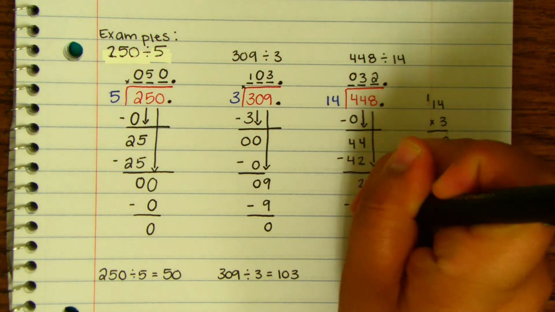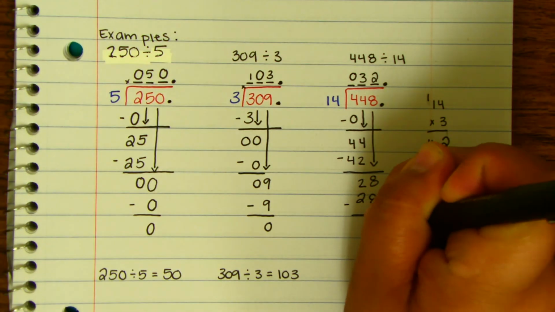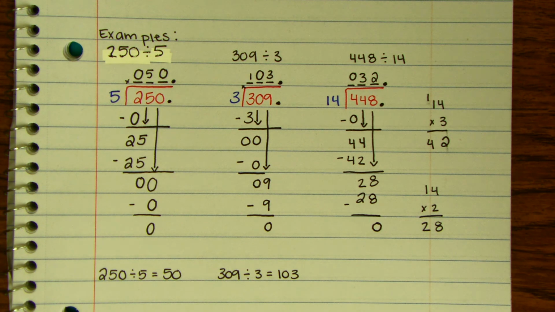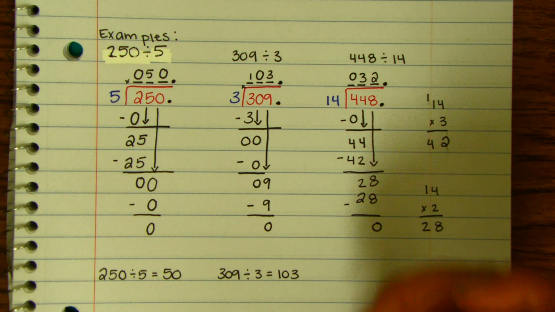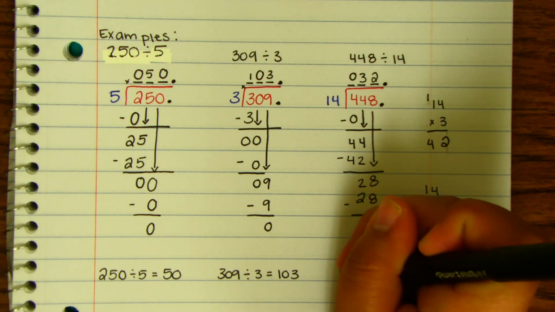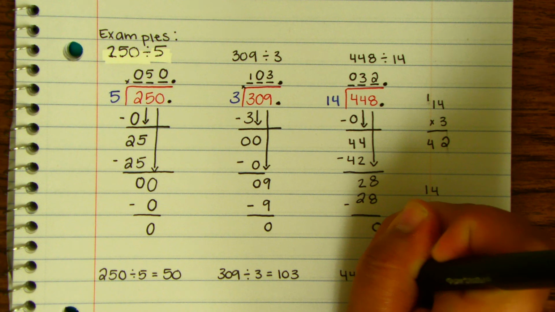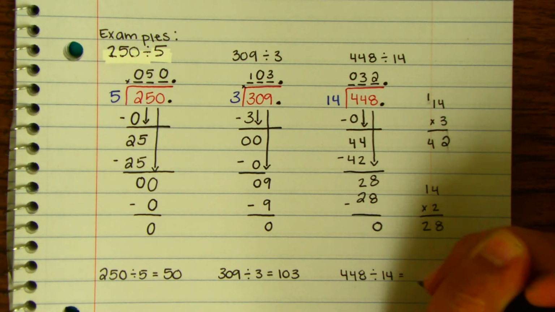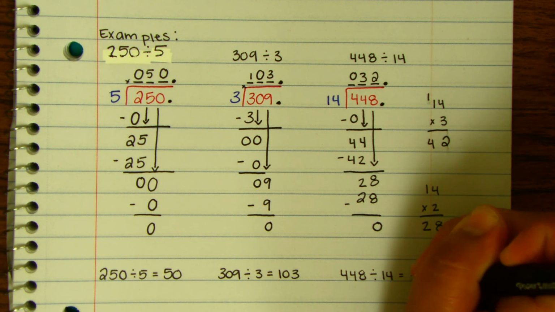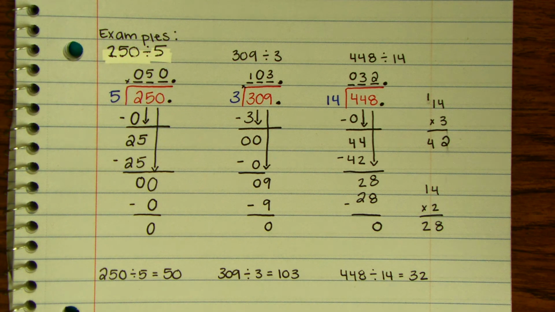I am going to go ahead and subtract 28 from 28, and I get 0. So my answer is 32. So 448 divided by 14 equals 32. And that's what we're doing today. We are dividing our whole numbers.